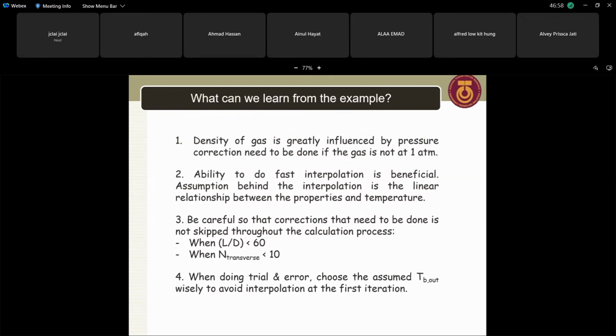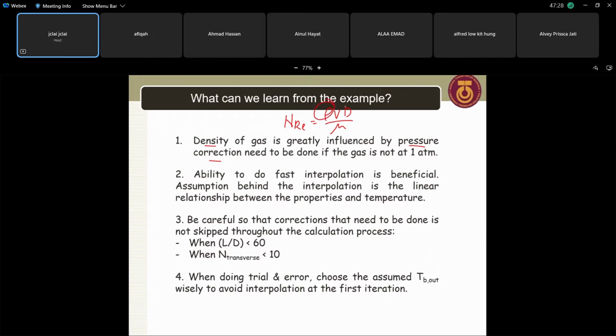You need to do some correction when you calculate the mass flow rate. So the density of gas, because density is greatly influenced by pressure, right? Because when you compress the gas, then density increases, right? So when you calculate Reynolds number, it equals rho V D over mu, right?